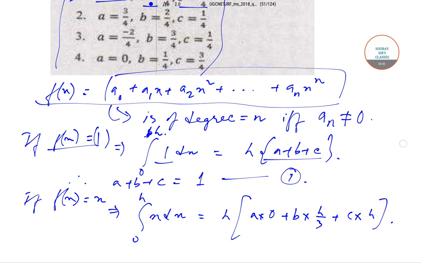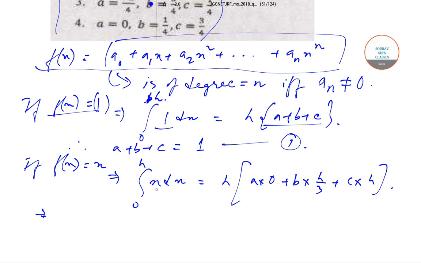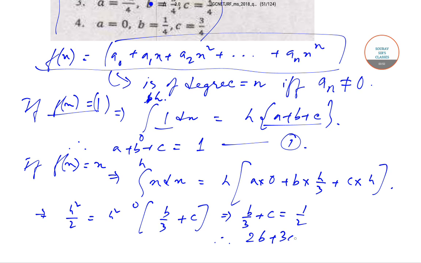So this is what we are getting, and this will come down to h square by 2 is equal to h square into (b by 3 plus c). So this will give us b by 3 plus c is equal to 1 by 2, and this will give us 2b plus 6c is equal to 3, which is equation 2.